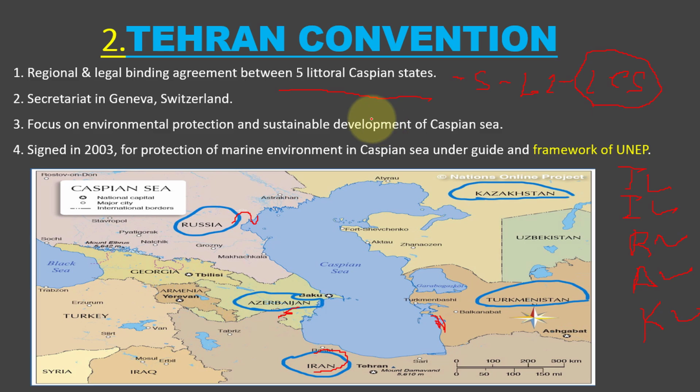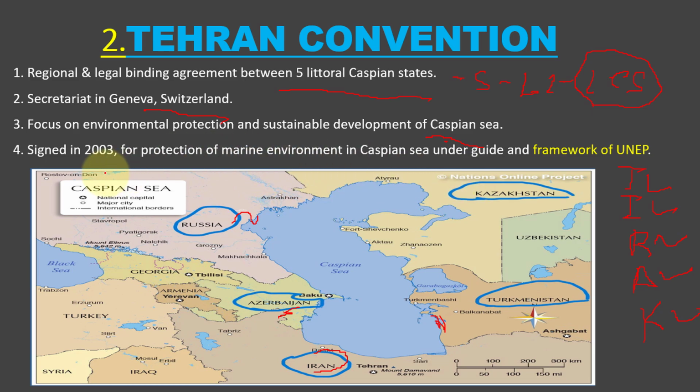Why, friend? I will explain further. The Tehran Convention Secretariat is in Geneva, Switzerland, friend. And what is the motto of the Tehran Convention, friend? It focuses on environmental protection and sustainable development of the Caspian Sea. Yes, friend, the aim is sustainable development and environmental protection of the Caspian Sea, because the Caspian Sea is really important for these five countries.